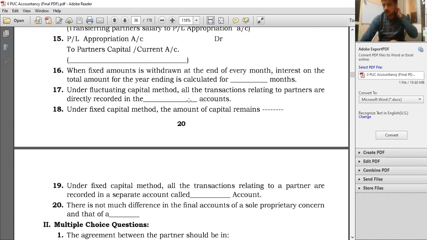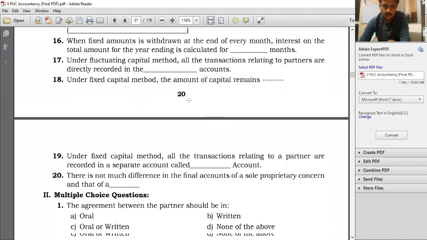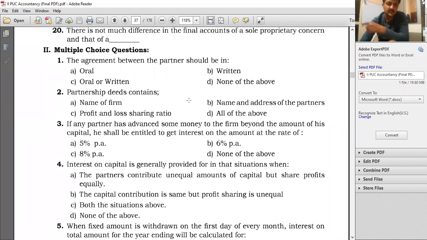Then under fluctuating capital method, all the transactions relating to partners are directly recorded in the partners' capital accounts, because under fluctuating capital method we don't open a current account. Then next, coming to multiple choice questions, the agreement between the partners should be oral or written, both, because there is no compulsion that they should have a written agreement.